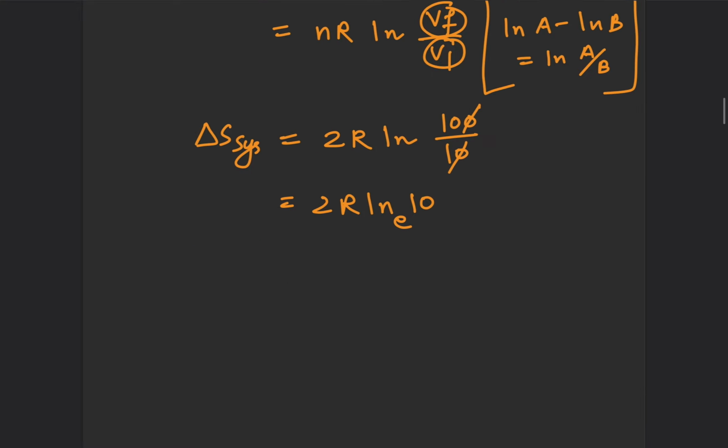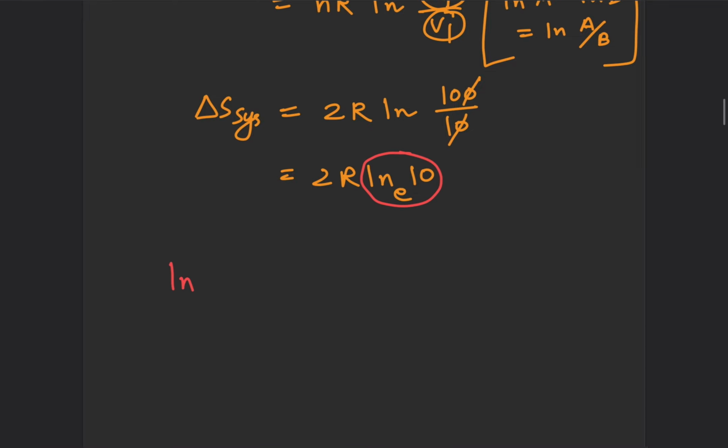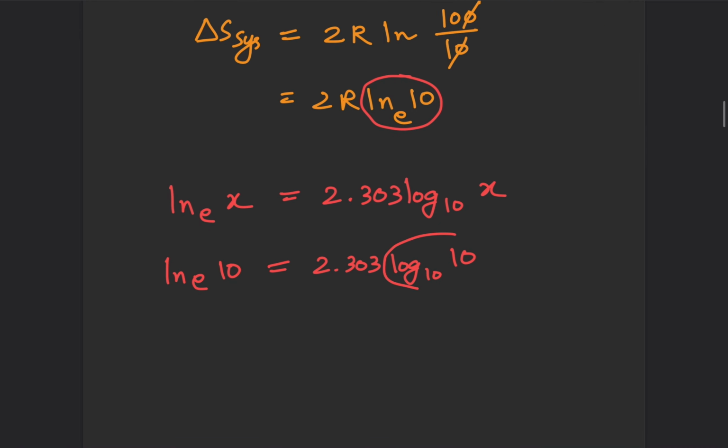To calculate ln 10 base e, we should know that ln of any number x is equal to 2.303 log of the same number x. Therefore ln 10 will be equal to 2.303 log 10, and log of 10 base 10 is 1. So ln 10 is equal to 2.303.